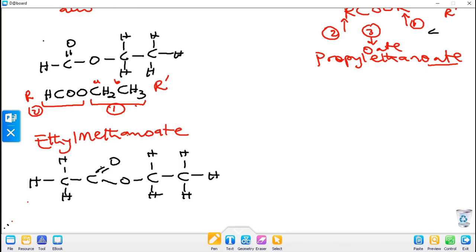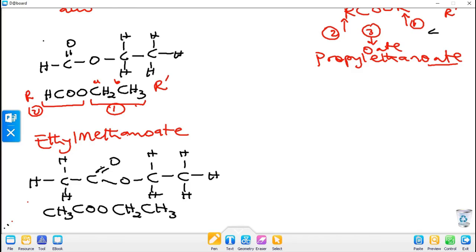So how do we know this is ethyl ethanoate? First, let us take a look at the condensed formula. It will help us to understand how to name an ester. The condensed formula of this compound is CH3COOCH2CH3.